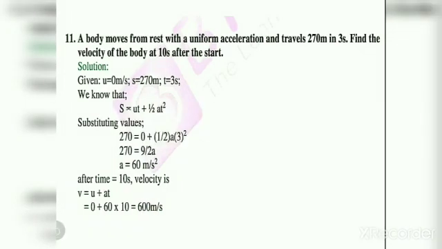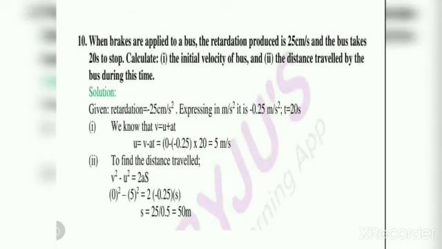When you're solving the problem, you should know the equations of motion. You have three equations of motion: v is equal to u plus at, s is equal to ut plus half at square, and v square is equal to u square plus 2as. And I hope you all know addition, subtraction, multiplication and division, right? When you're solving the problem, you should also keep the sign in mind. In the previous example, you have seen 0 square minus 5 square is equal to 2 into minus 0.25 into s.